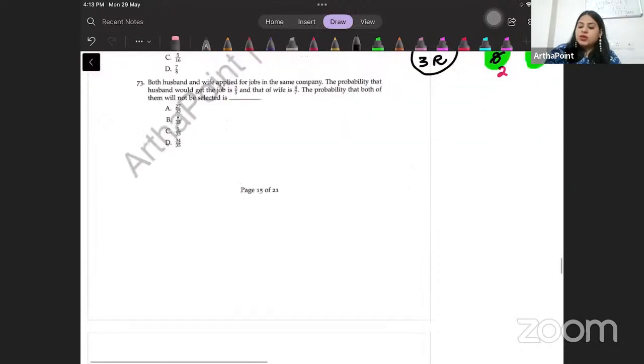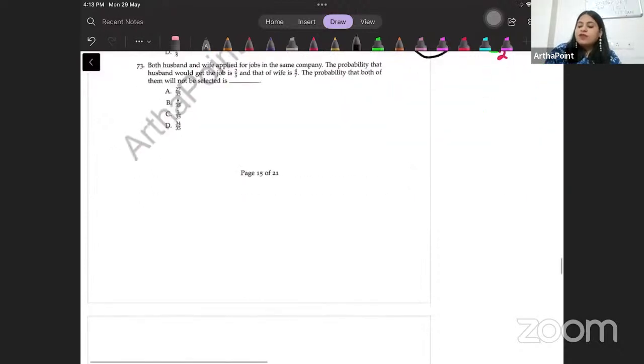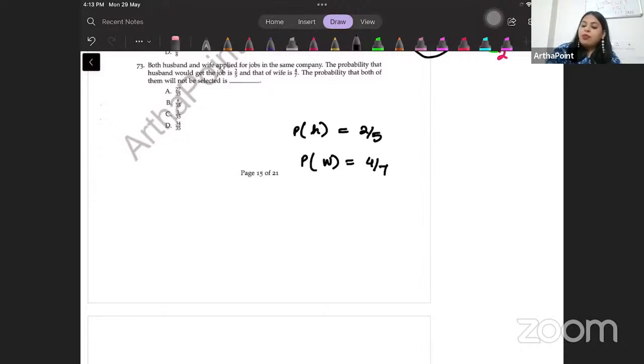Come to the next question, beta. Both husband and wife applied for a job in the same company. Probability that husband would get the job is 2 by 5. Do you see how easy this question is? Probability that wife will get the job is 4 by 7. Probability that both will not be selected.